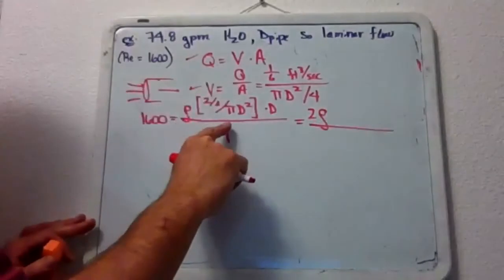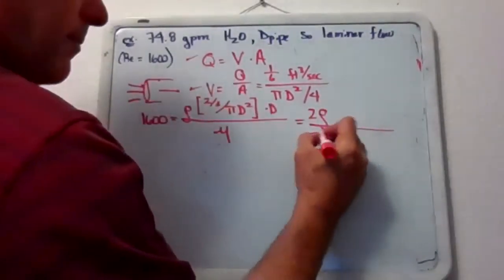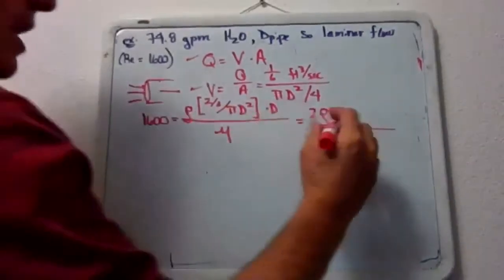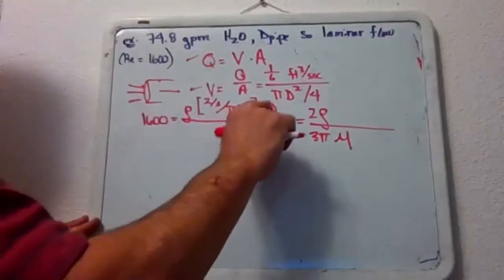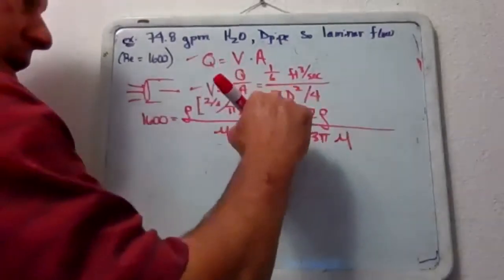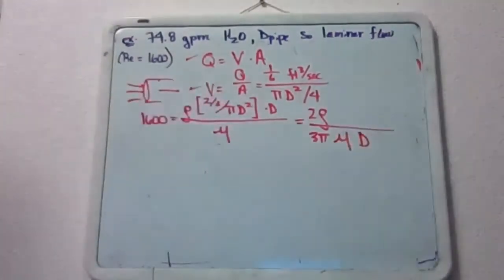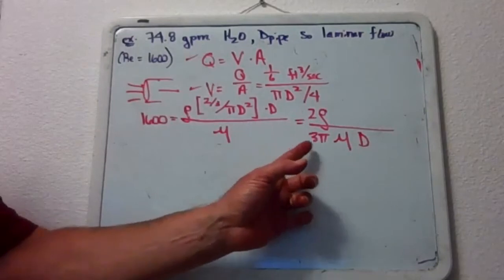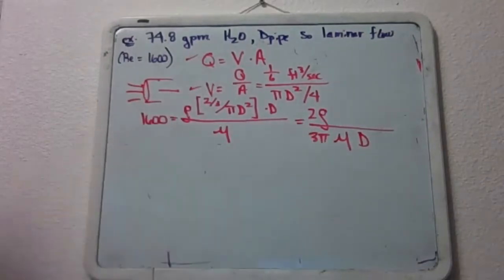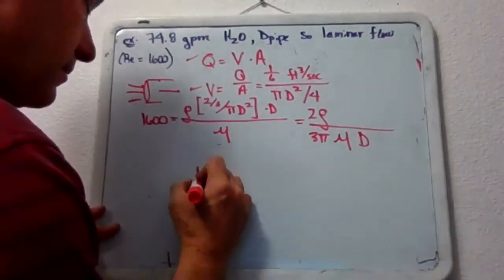In the denominator, there's going to be a pi, and there's going to be a 3 pi, and a viscosity. And then this is d squared, and this is d here, and this d squared in the denominator, so there'll be a d like that. So that's the algebra. 1600 is equal to 2 rho over 3 pi mu d, and then I need to do some algebra and get d by itself, and I'll try that myself.